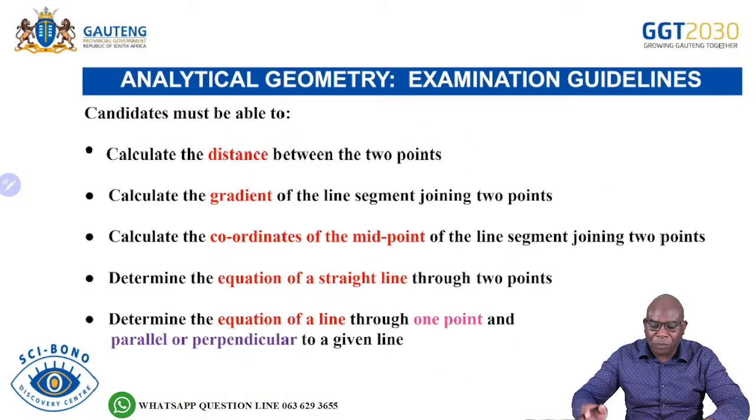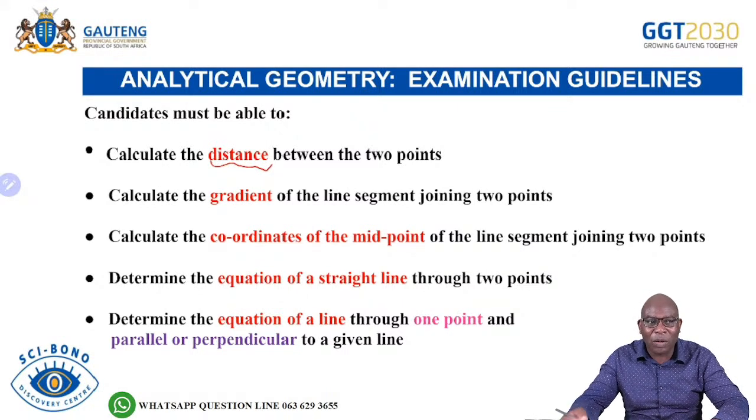Right, now, I've taken these from the examination guideline, which I trust your educators have given you, to check what are the things that are going to be asked in the exam. First of all, in analytical geometry, we are going to look at how we calculate the distance between the 2 points.